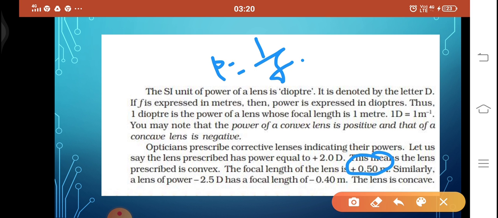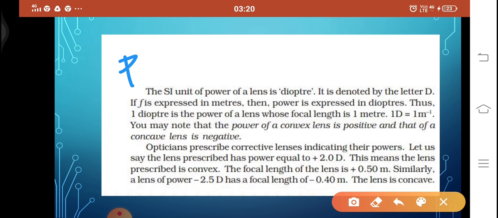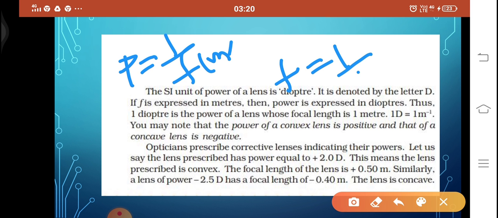See, power equal to 1 by f, with f in meter. So what is the power? 2D. So we will write f equal to 1 by P. Now you can write this 2 here, so it will become 1 by 2.